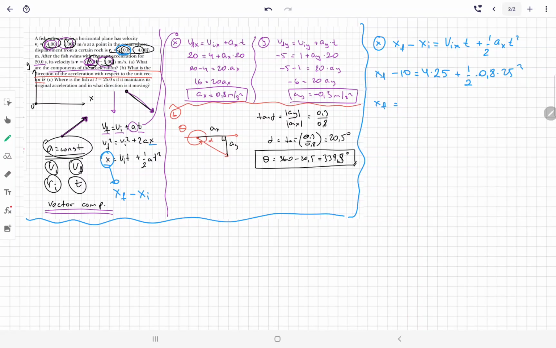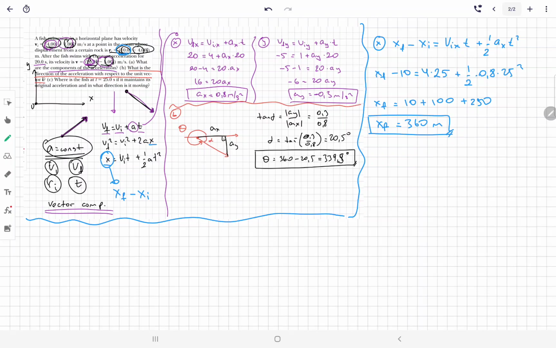Further is just a matter of math. 10 plus 100 plus 0.8/2 times 25 square, 250. So final position equal to 250 plus 100 plus 10, 360 meters. This is its position in x direction after 25 seconds.